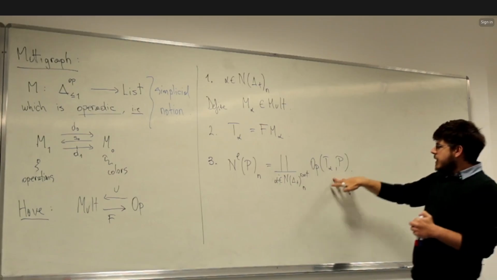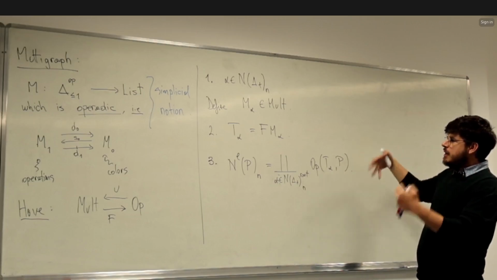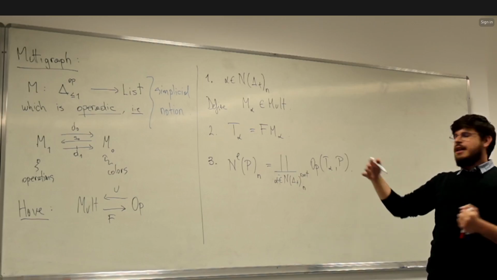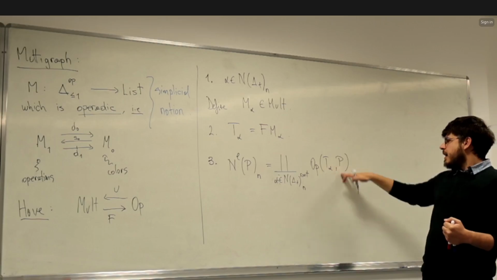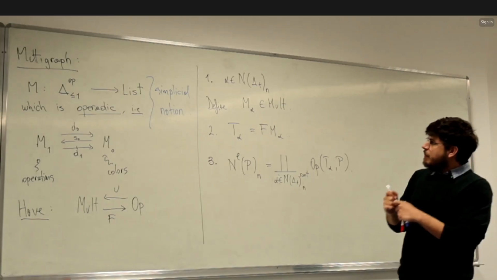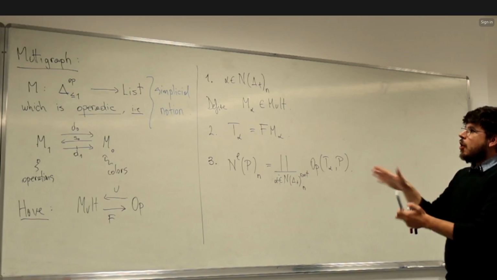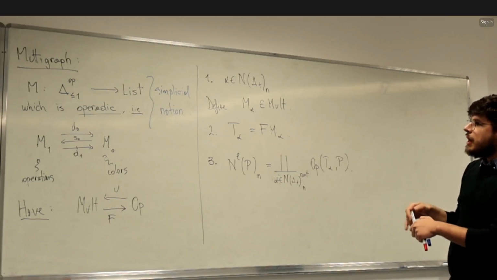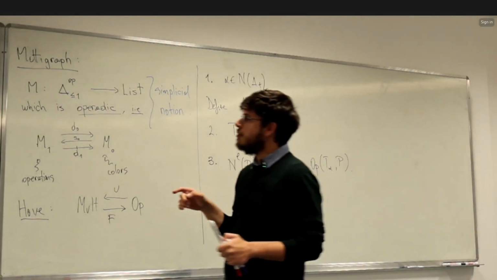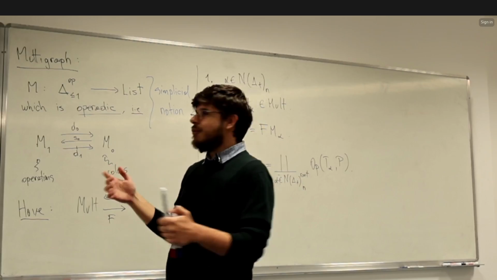Okay, so when you see this expression, there is a similarity to the dendroidal nerve, right? In the sense that you're taking trees of operations, but if you look at the construction, already a key difference appears. What's the dendroidal approach?